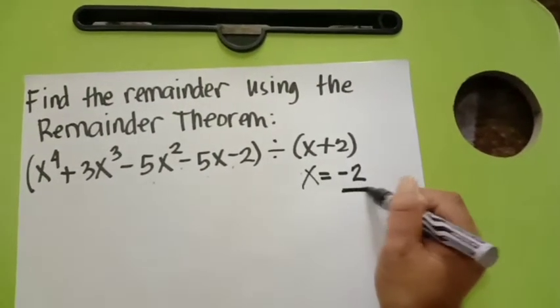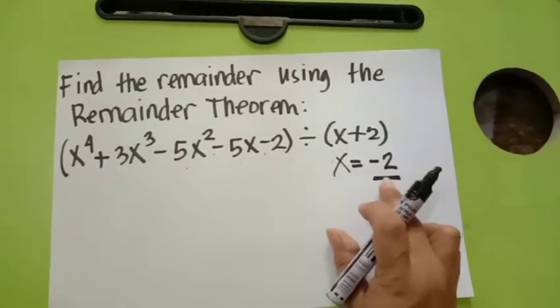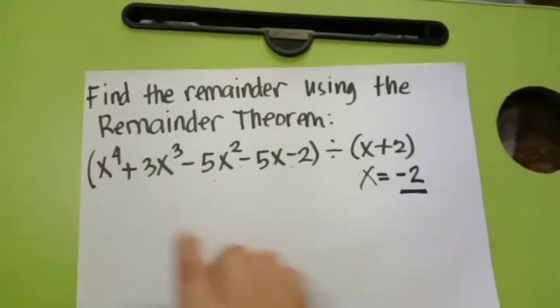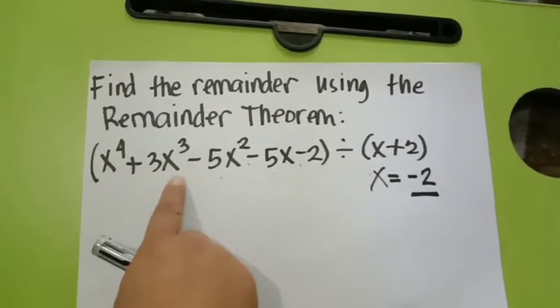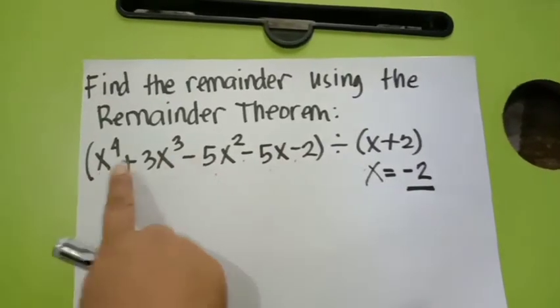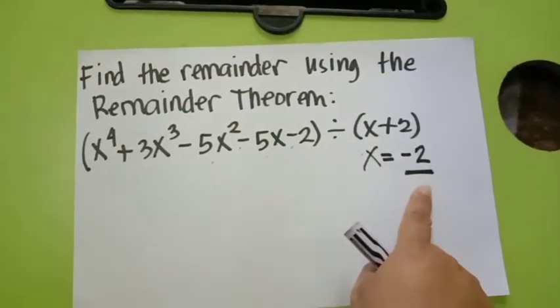So, anong gagawin natin dito sa negative 2 na ito? Negative 2, the value of c, will be plugged in. When you say plug in, it will be substituted to all the values of x. So, yung lahat ng x dito sa polynomial natin, papalitan natin ng negative 2.